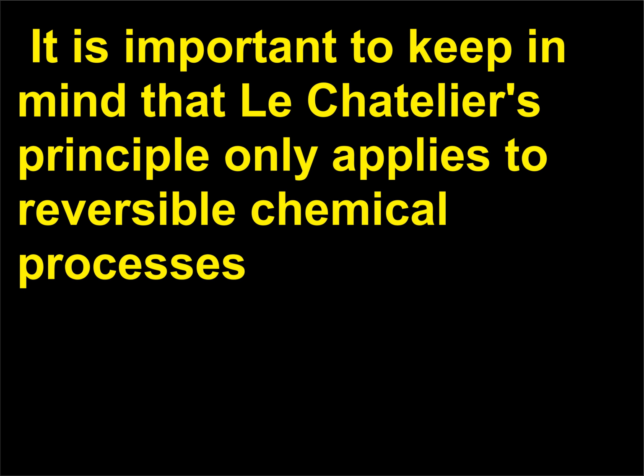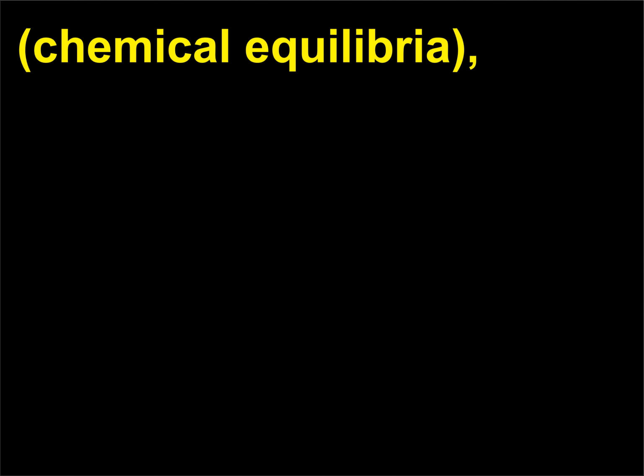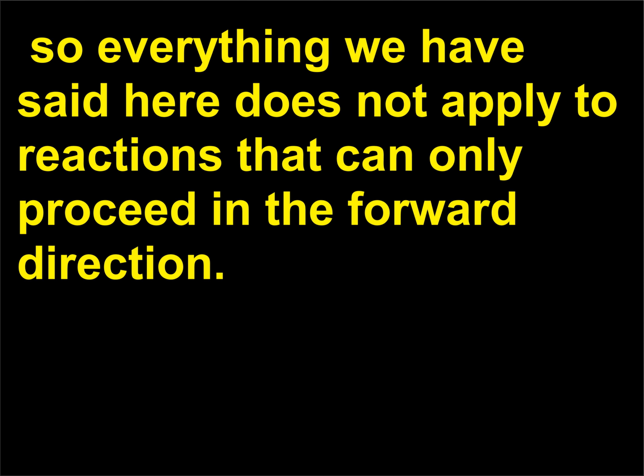It is important to keep in mind that Le Chatelier's principle only applies to reversible chemical processes, chemical equilibria. So everything we have said here does not apply to reactions that can only proceed in the forward direction.